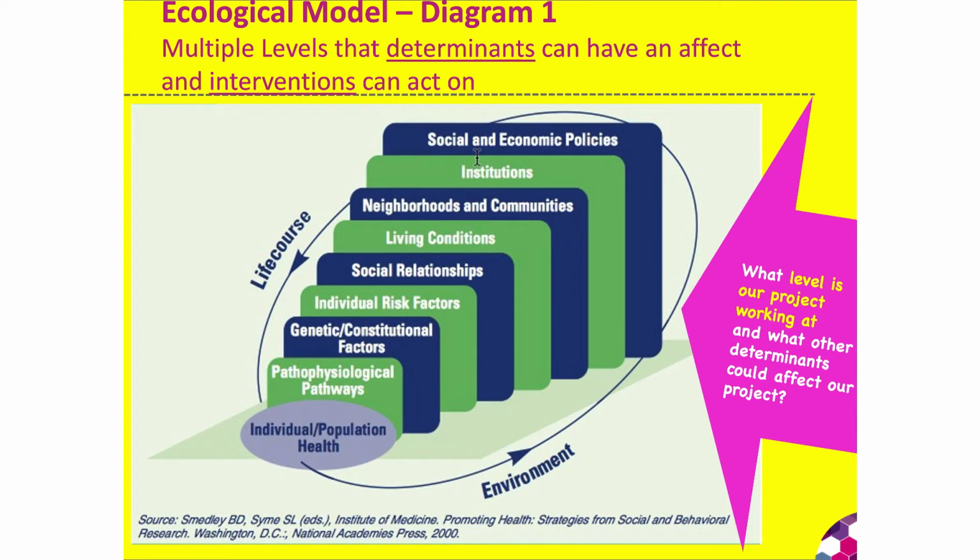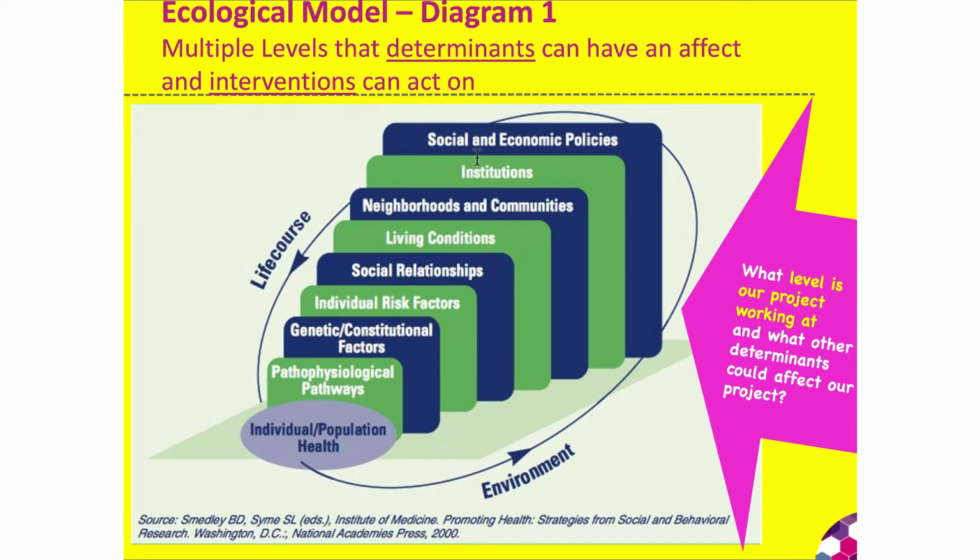And then following that, we can look at the institutions such as the local council, health and social care services, education, housing, leisure, the institutions that deliver the range of services in our community. And finally, we can look at the national level at social and economic policies that influence all the other things.